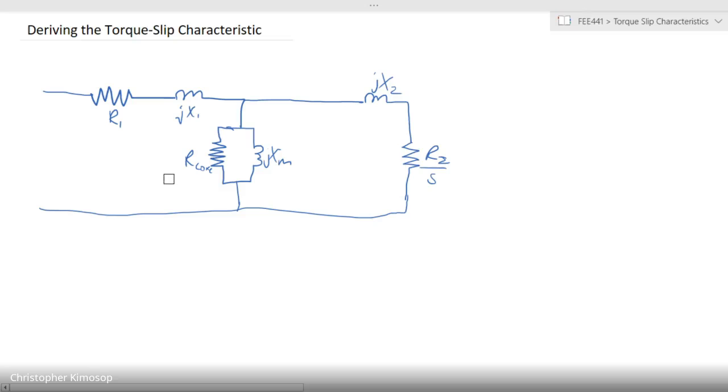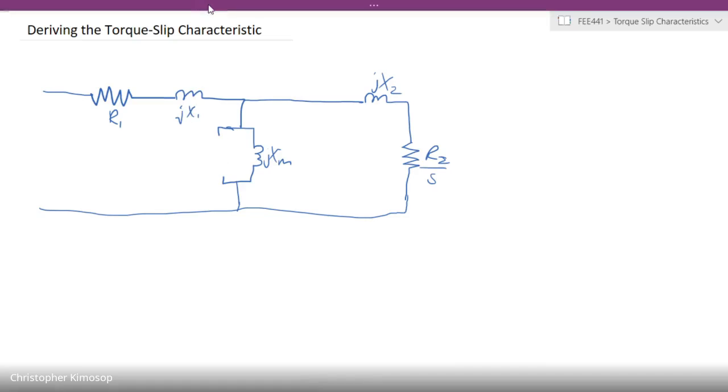So the core losses, it is customary for us to assume that they have been transferred across to the stator side and they are lumped together with the windage and friction losses. I'll explain a bit about that in the next lecture, but for now we can assume that this arm is equivalent to an open circuit.